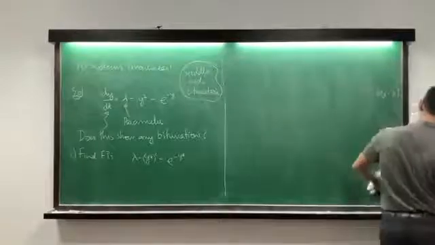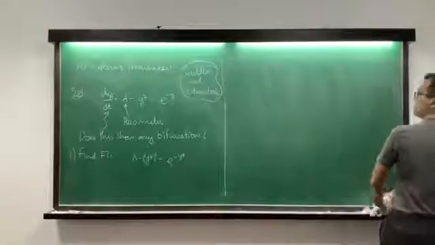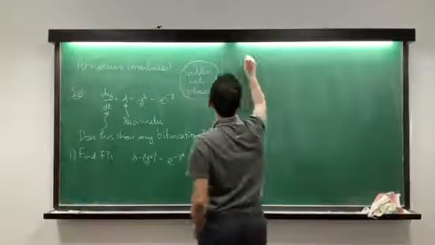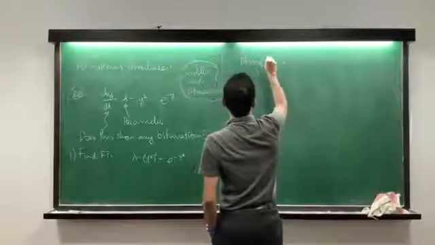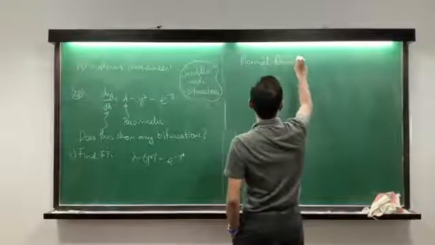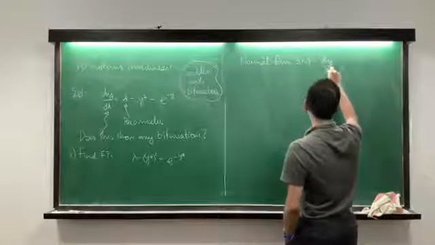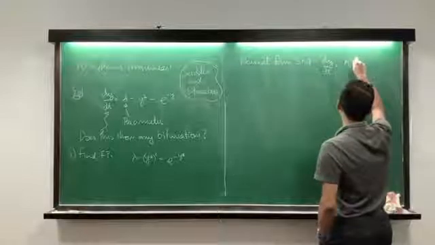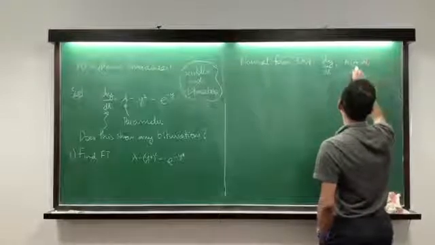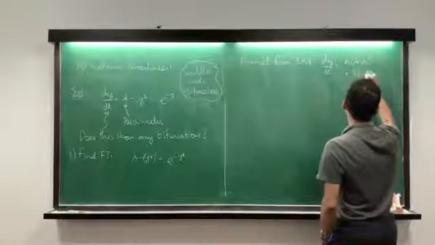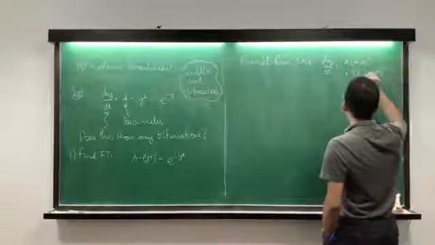The way you do that is, oh, I got to do the normal form. Let me write the normal form here. For saddle node bifurcation, dy by dt becomes a times lambda minus lambda c plus b times y square. The factor of 2 doesn't matter.